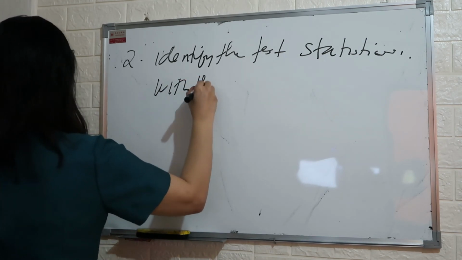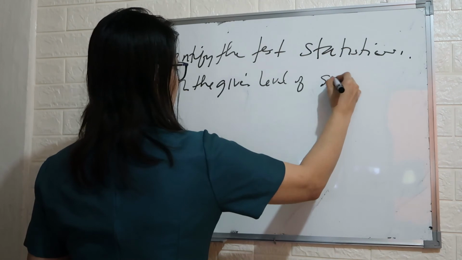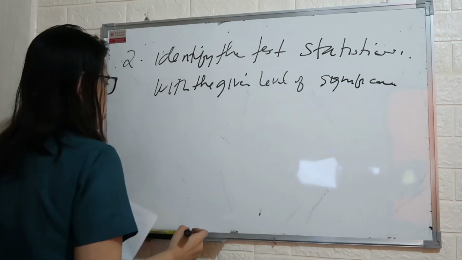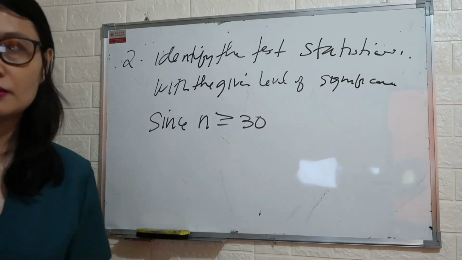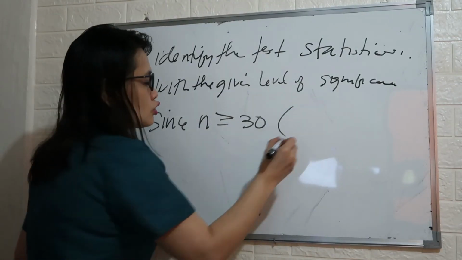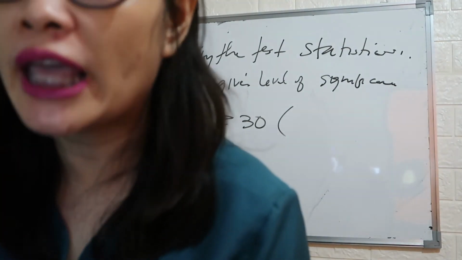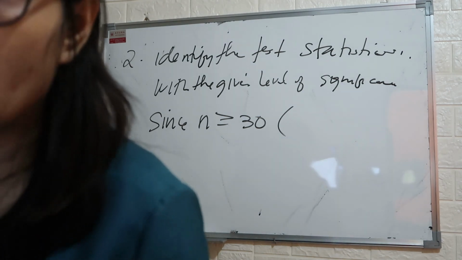With the given level of significance. So since n is greater than or equal to 30, what will we be using? What type of test? Is it two-tailed or one-tailed?